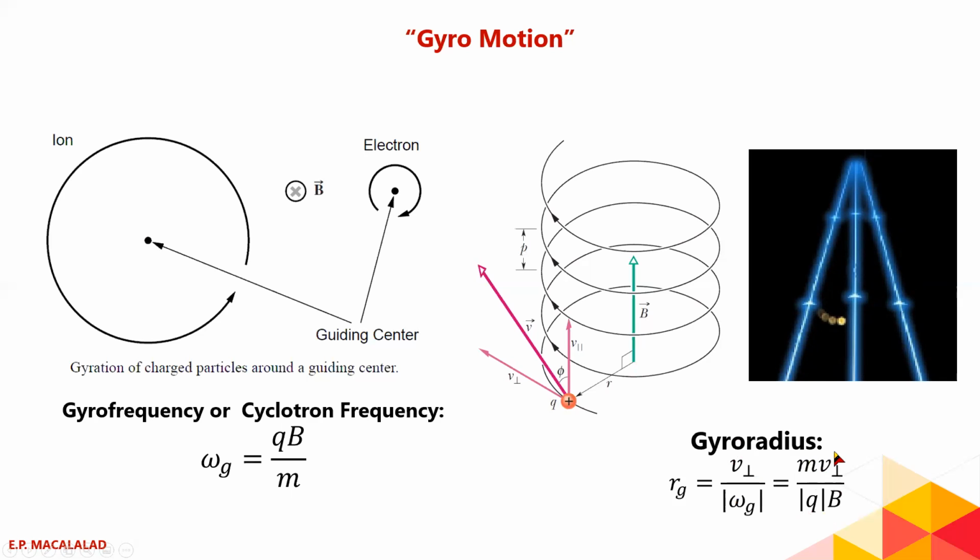It means that if, for example, the velocity is parallel to the magnetic field, that means the velocity doesn't have a perpendicular component relative to the magnetic field. That means the charge will not have any gyro radius, so the charge will not gyrate. It will just move along the direction of the magnetic field line.